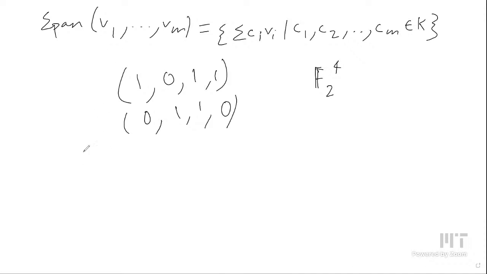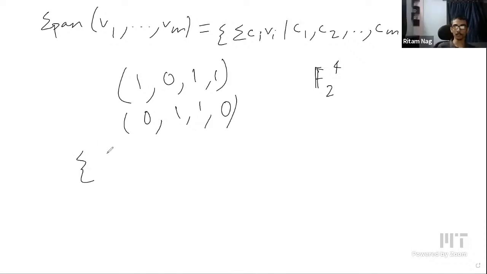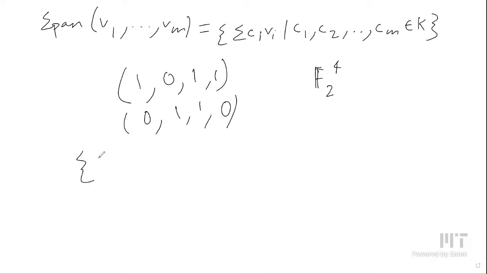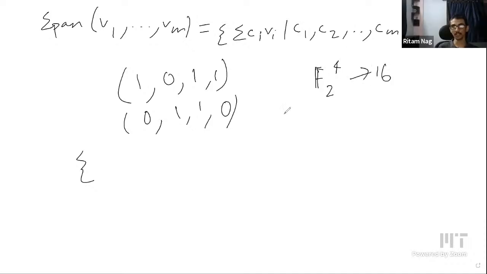Yes, but the span is a set, right? So what are all the elements of the set? Can you tell them one by one? F2^4 only has 16 elements. Out of these, the span of these two has only 4 elements. I want you to tell me all 4 elements.